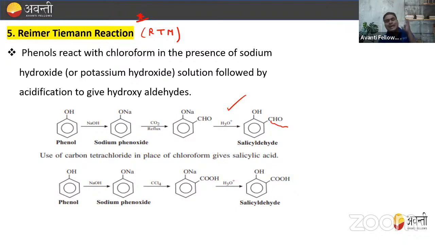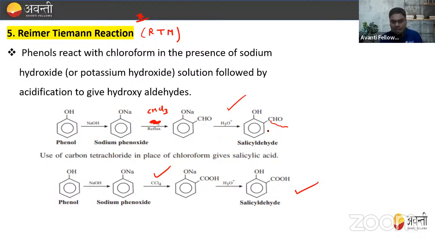Now, use of carbon tetrachloride in place of chloroform. Here we have chloroform, CHCl3. In place of CHCl3, if we use CCl4, that is carbon tetrachloride, then we get salicylic acid. Always remember this.